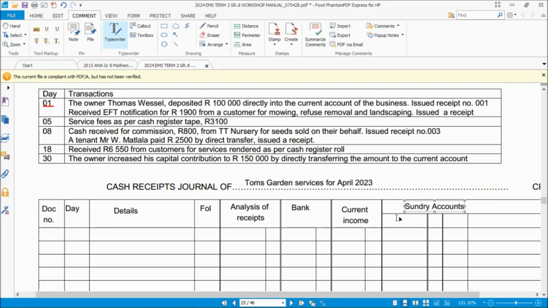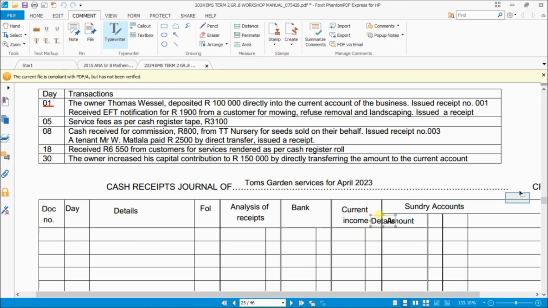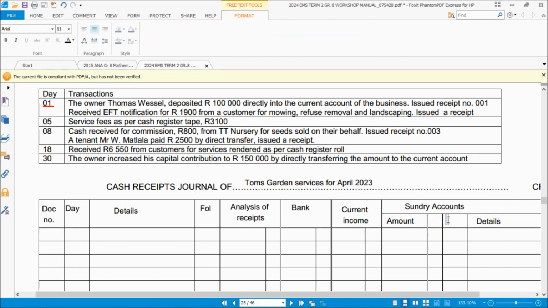And then I've got details. And then I've got amount. Just do this, amount. I've got details over here on the other side, and this should be folio, FOL, short for folio.